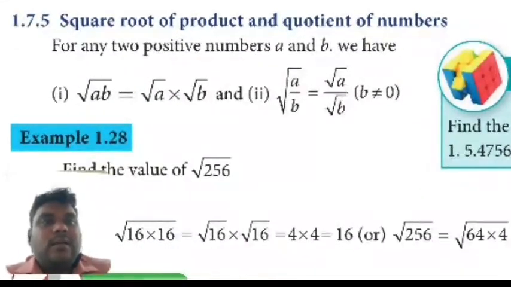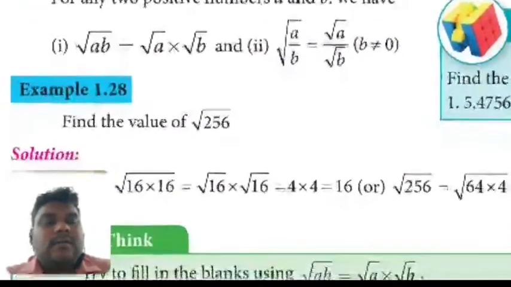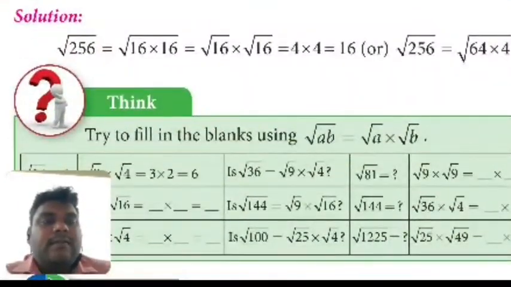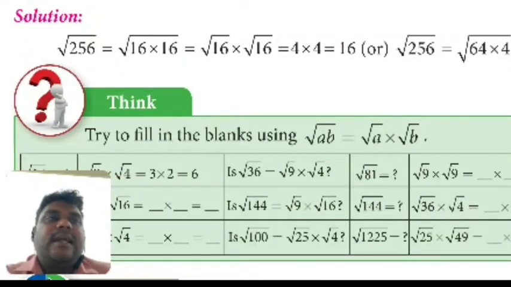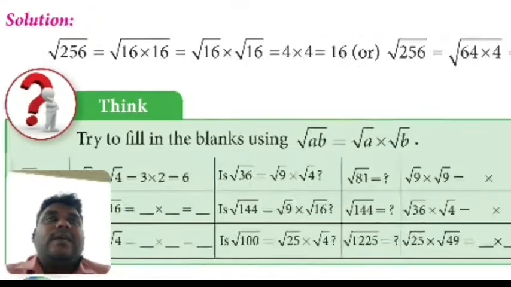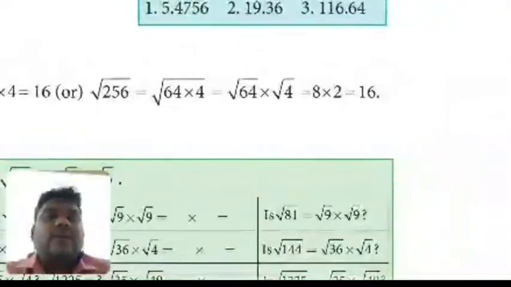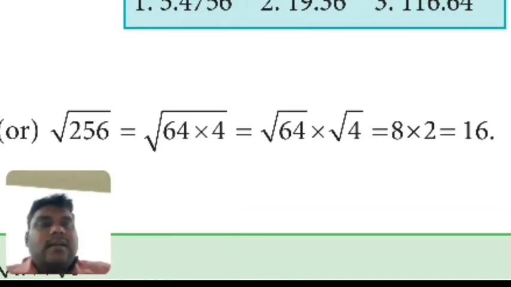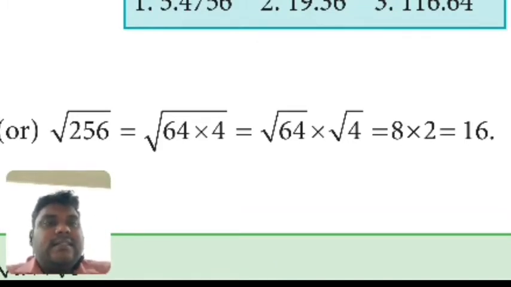Okay, so here we used this result, the square root of a product of numbers. This is the product rule. Root of a into b can be written as root a into root b. There is another method to find the square root of 256. Root of 256 can be written as 64 into 4. So we use the result root 64 into root 4.